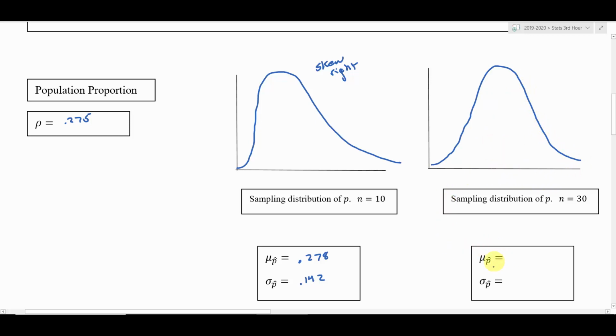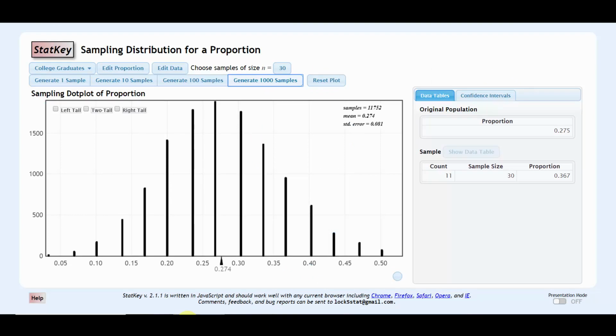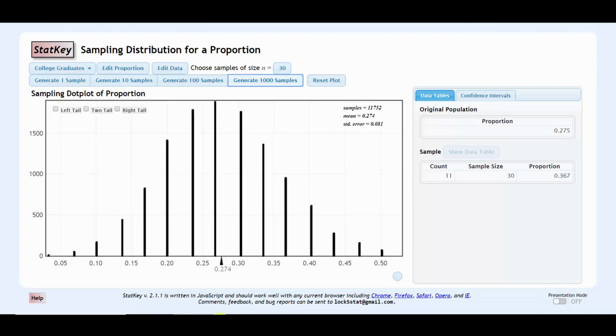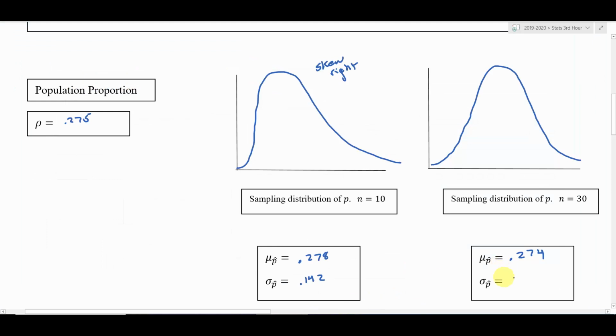And I'm going to put in the mean that we found, which I believe was 0.274. Okay, and our standard deviation was 0.081.